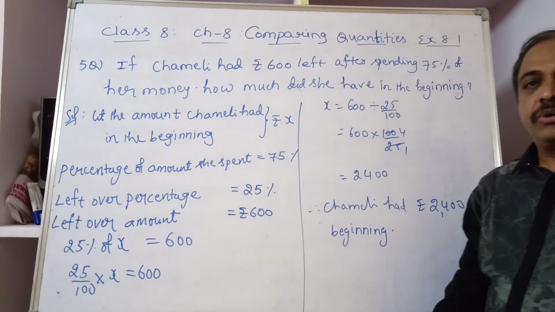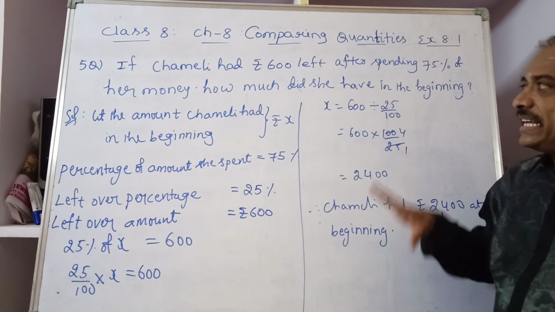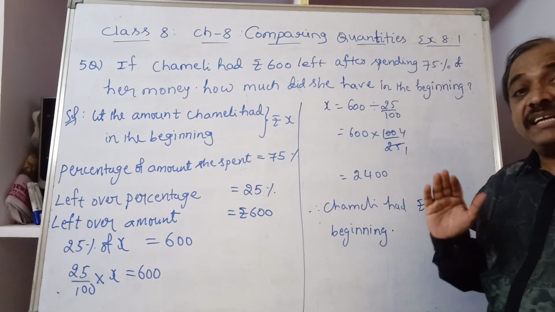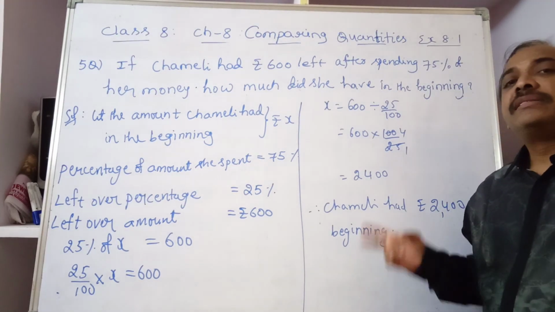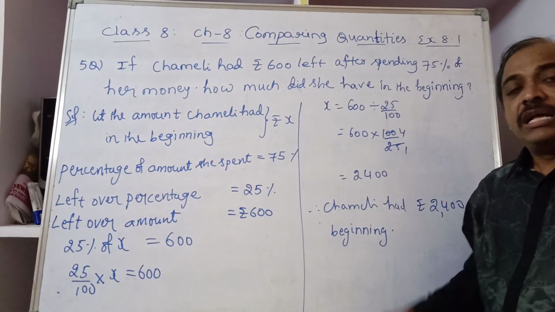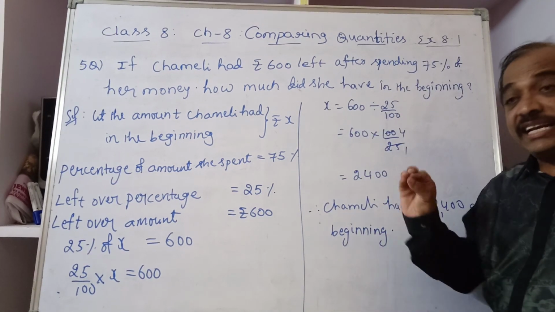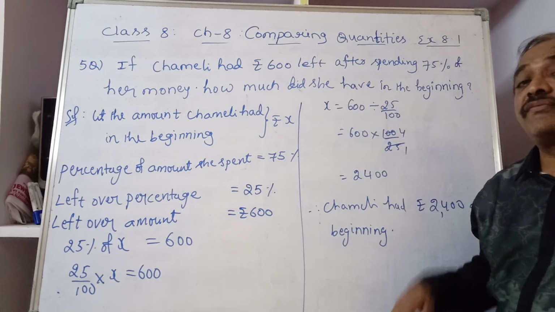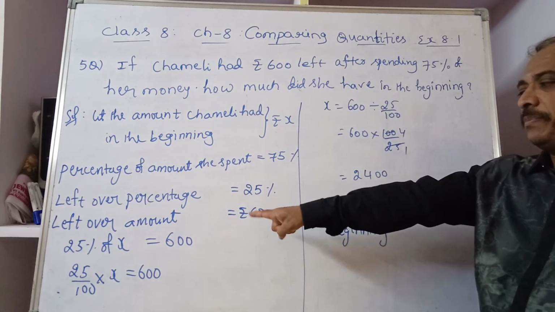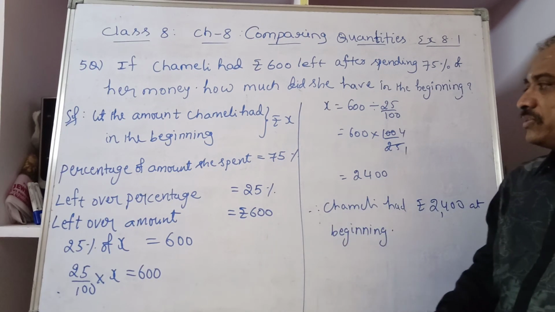What amount did she have actually? She had some amount that we don't know, so we assumed X. In that, 75% she spent. What percentage is left? 25% is left. The 25% of what? X. That is equal to the leftover amount 600 after spending. So 25 by 100 into X is equal to 600.